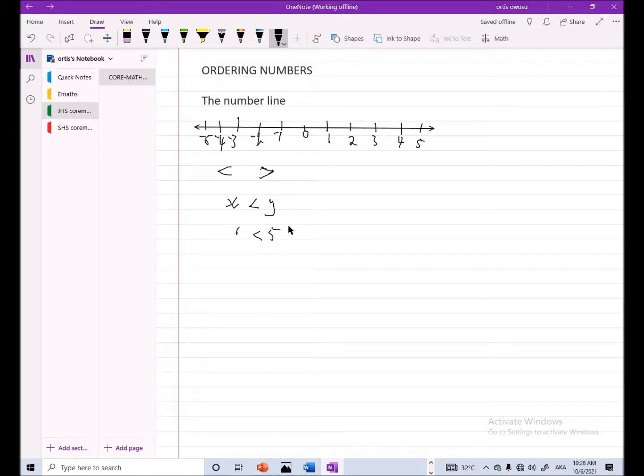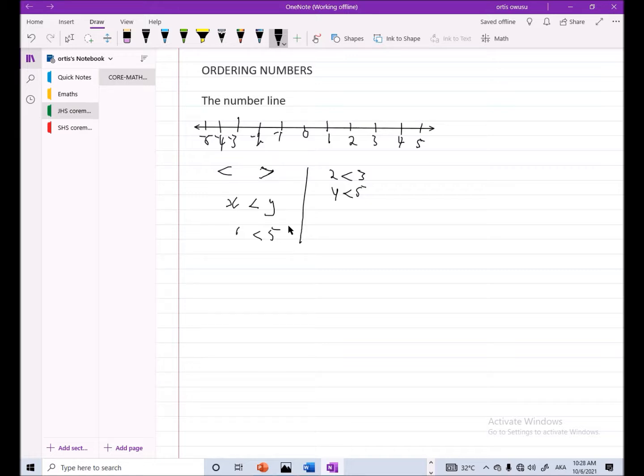Is it not so? It's so. We can also say that 2 is less than 3. We can also say that 4 is less than 5. So no matter how we see it, that is it.